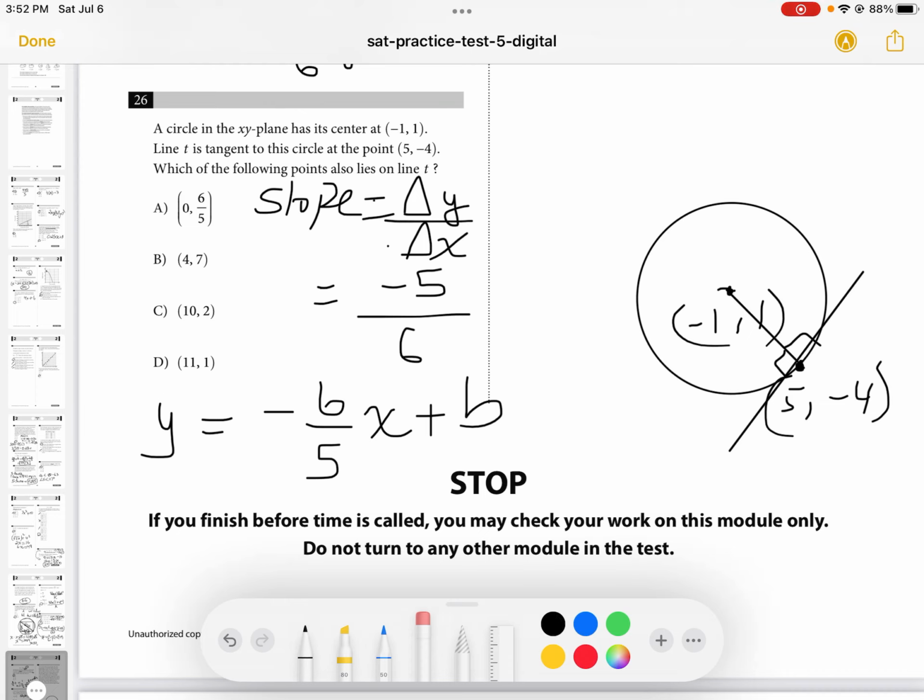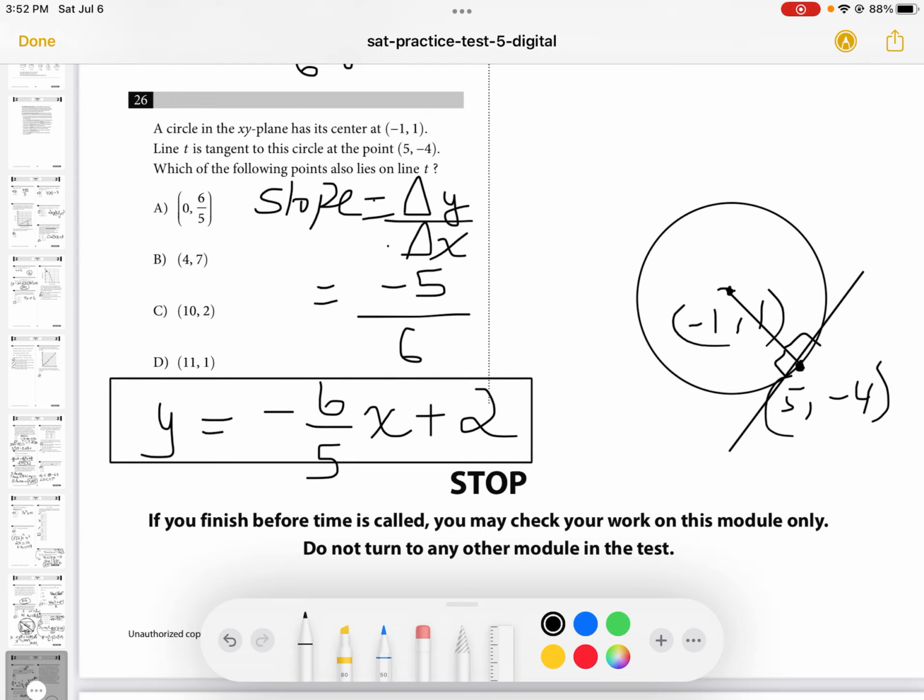And that way we know b is equal to 2. So our equation for the tangent line is y equals negative 6 over 5x plus 2. Now we have to find a point that lies on line T. This is the equation of line T. Now we just have to find it.